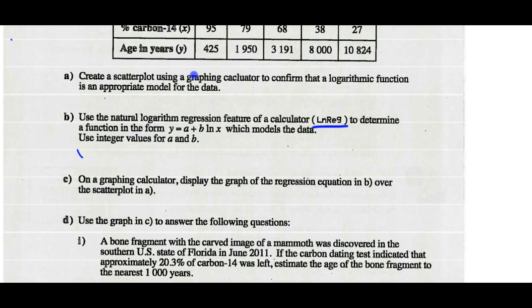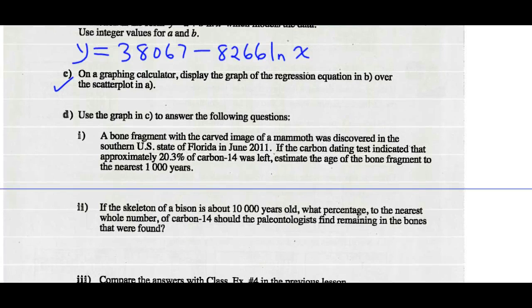So this equation should be y equals, our a value was 38,067 as an integer rounded, minus, our b value was negative, so minus 8,266 times the natural log of x. All right. On the graphing calculator, display the graph over the scatter plot. We did that. Use the graph in C to answer the following questions.